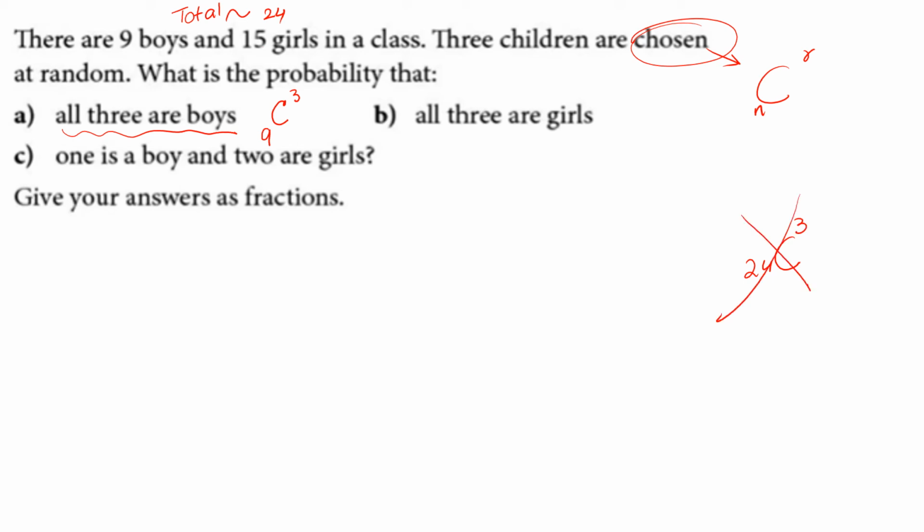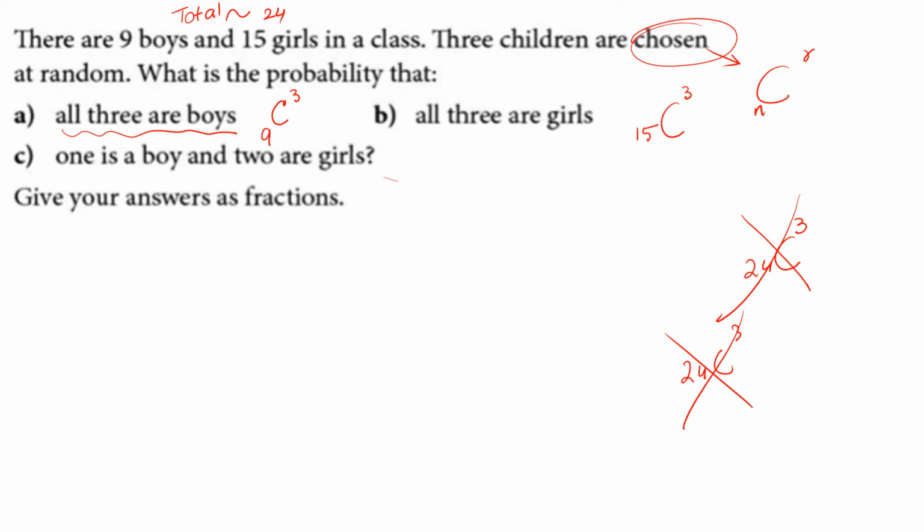Remember, again and again I am reminding you that the boys will be selected from the boys, girls will be selected from the girls, all students will be selected from all students. Okay, so all 3 are girls. It means the total number of girls is 15 and you have to select the 3 girls. So 15C3. Never ever do 24C3 because this becomes the mistake.